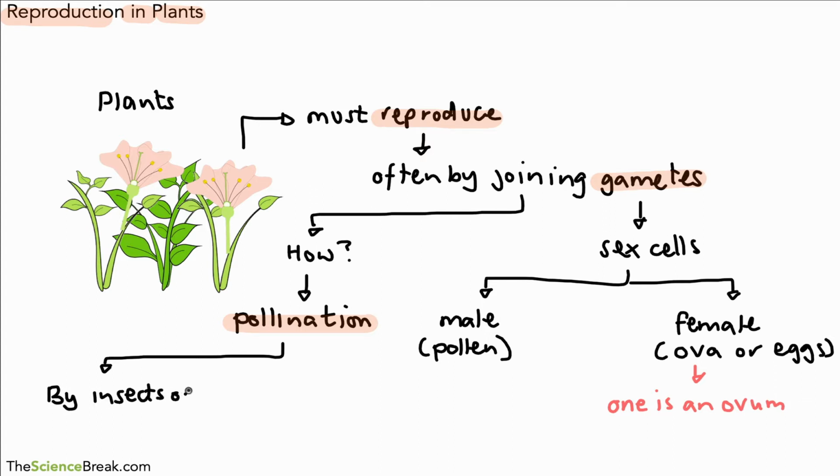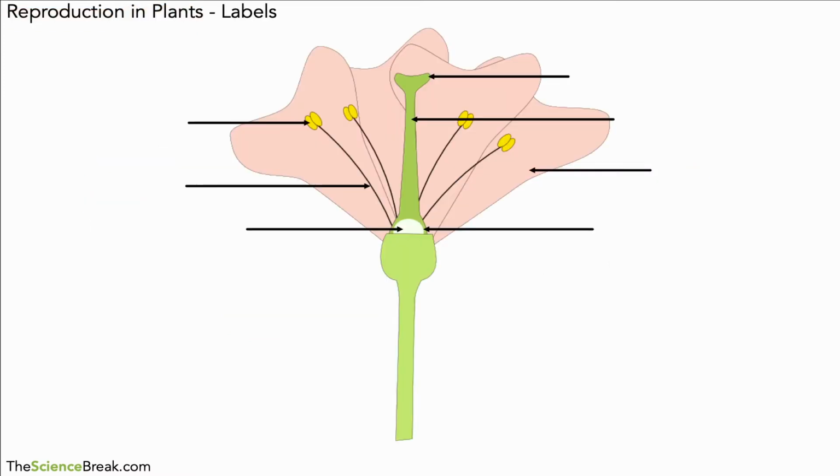Common example is the bee. It can be done by insects or animals, in fact. But it can also be done by the wind, where pollen grains are blown onto or nearby egg cells, and then pollination happens, which can lead to fertilization.